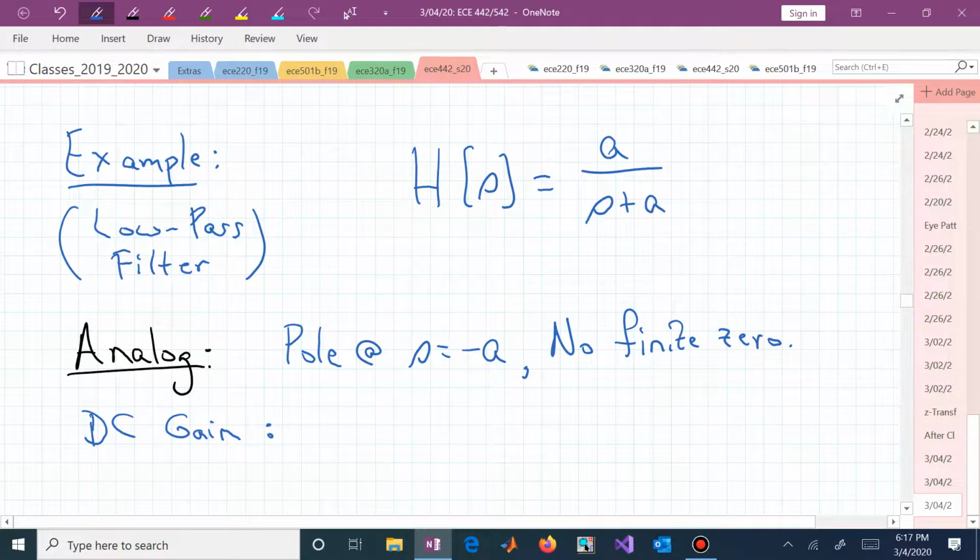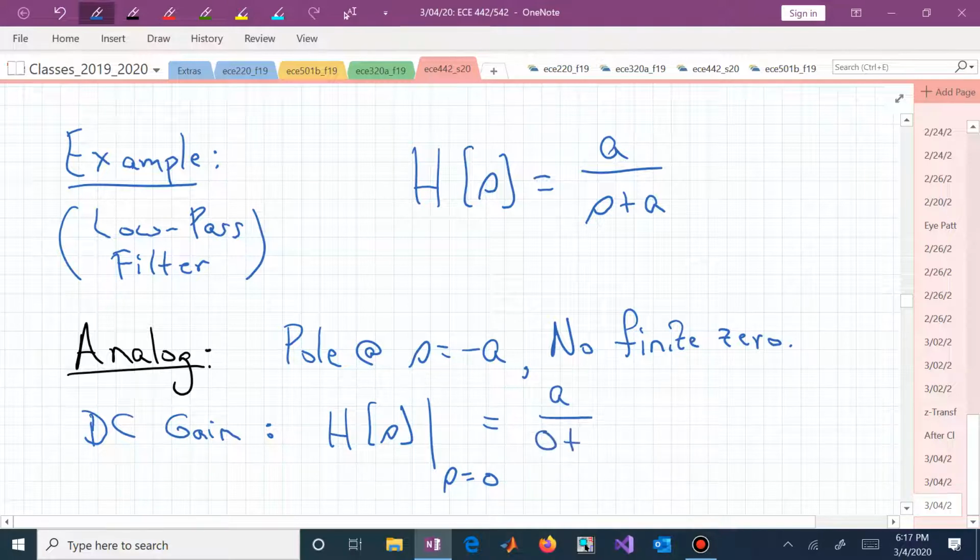Let's go from alphabetical to numerical for a DC gain. Let's start with the first number, beyond 0. It has a DC gain of 1, doesn't it? Because the DC gain is taking H of S and letting S equal 0. And that's now A over 0 plus A, or that's A over A, which is 1.